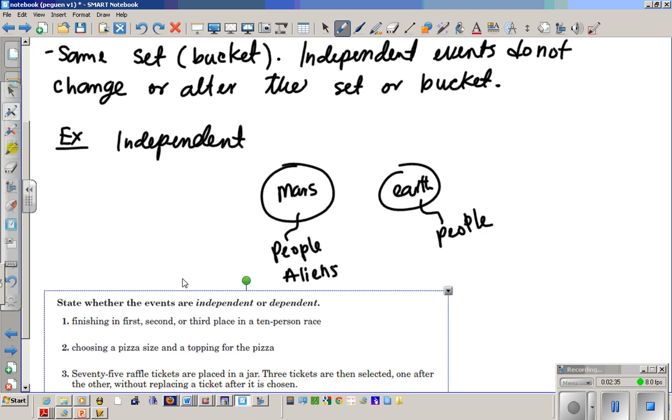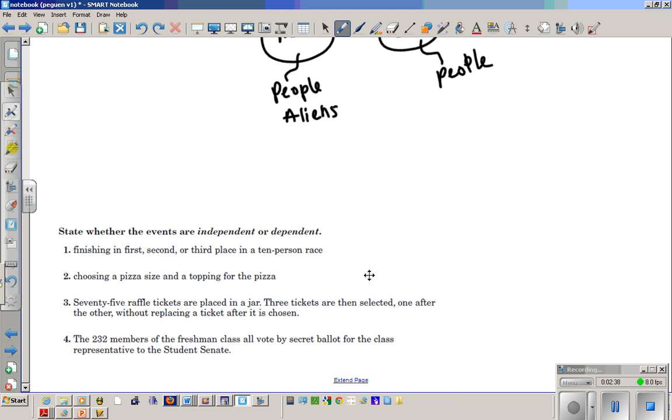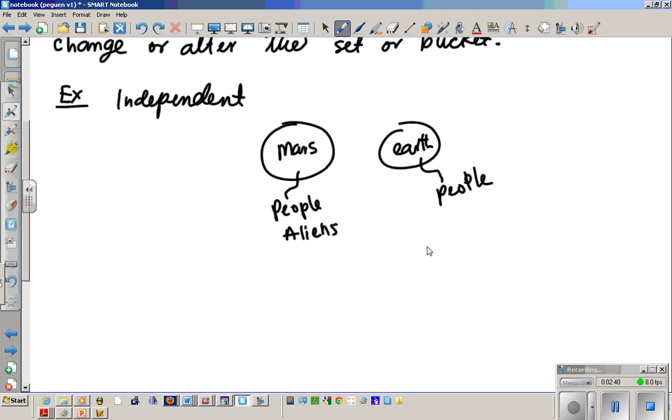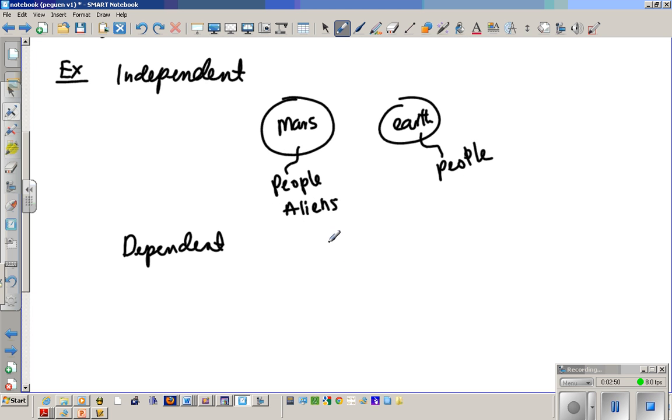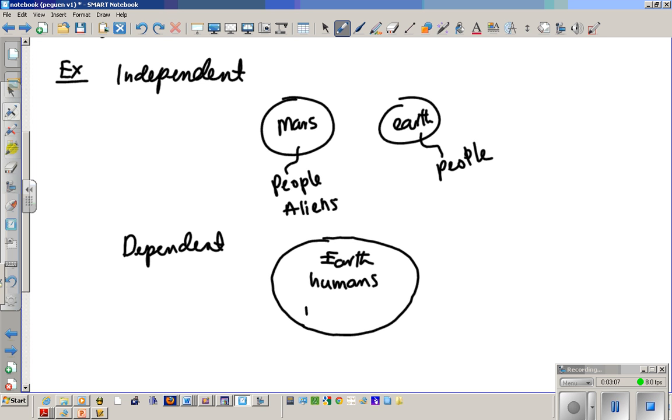Another example, let's take a look at dependent events. How about the males and the females on Earth? Let's say this were Earth, and we had the humans. Humans can be broken into male and female.